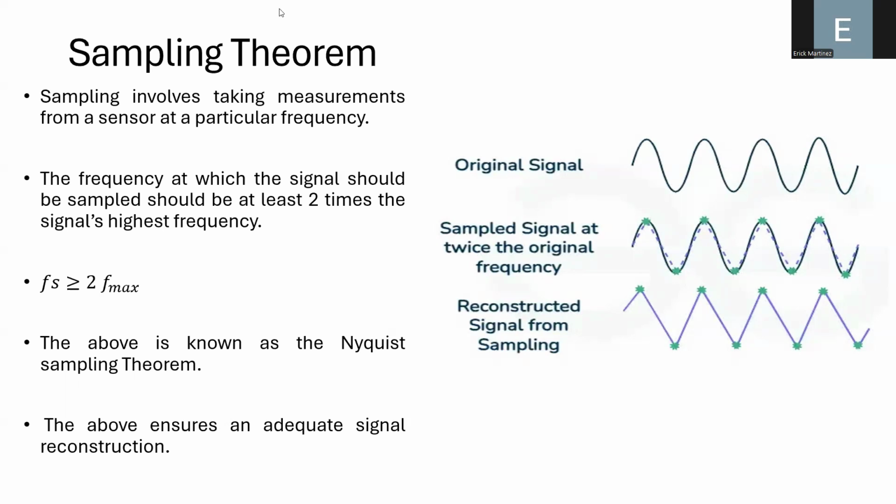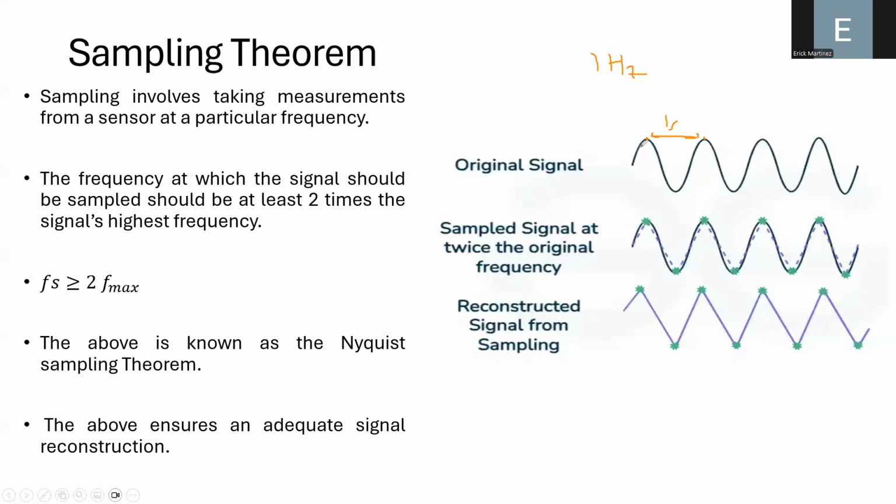So let's analyze this in this picture. Let's say that this sinusoid has a frequency of 1 hertz. That means the signal repeats itself, going from this point to this point every second.